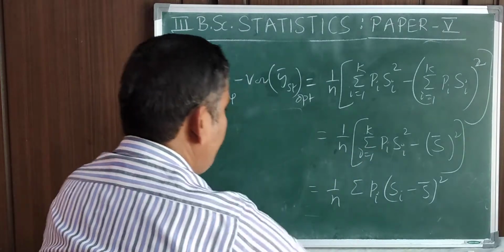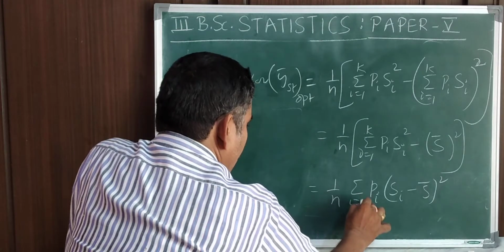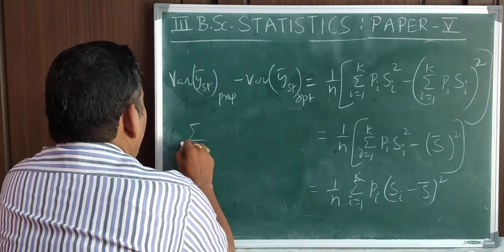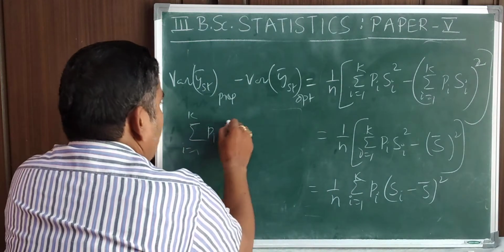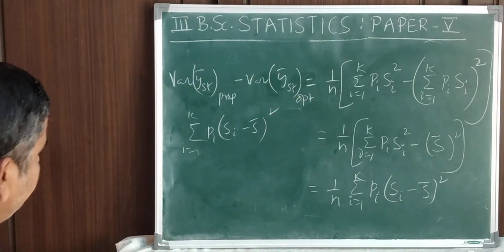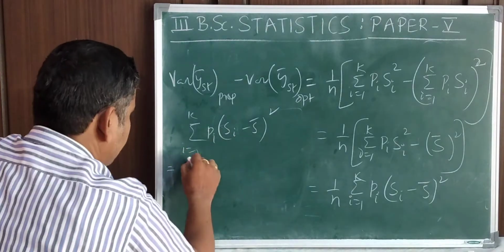So now I am doing this. I am considering summation i equal to 1 to k pi into si minus s bar whole square. Take this particular term, square it and take the summation.